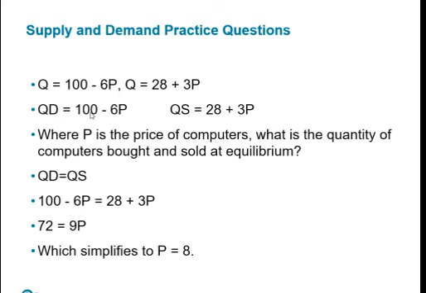So as we have the quantity demand and quantity supply equations, for equilibrium we have to put QD equals to QS as the equilibrium condition. After writing QD equals to QS, we simply put the quantity demand equation instead of QD, and write the quantity supply equation instead of QS. For QD we write 100 minus 6P, and for QS we write 28 plus 3P.